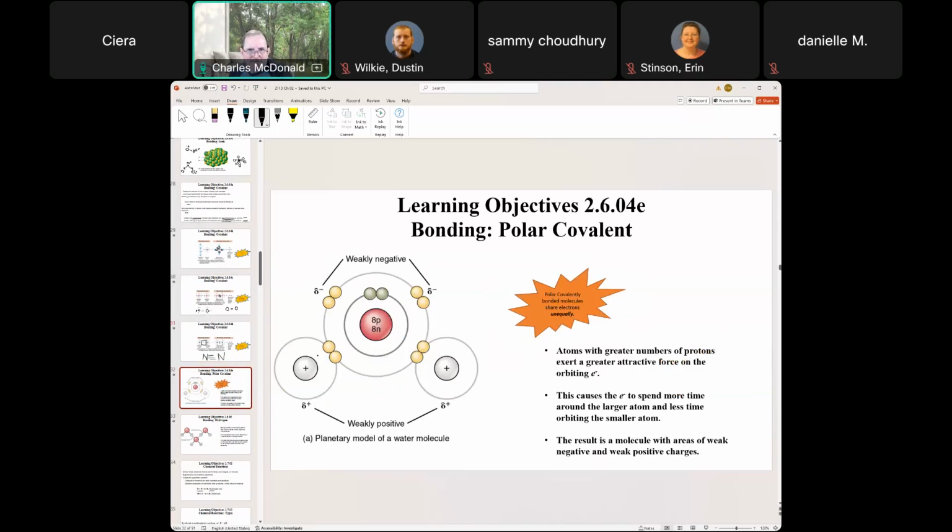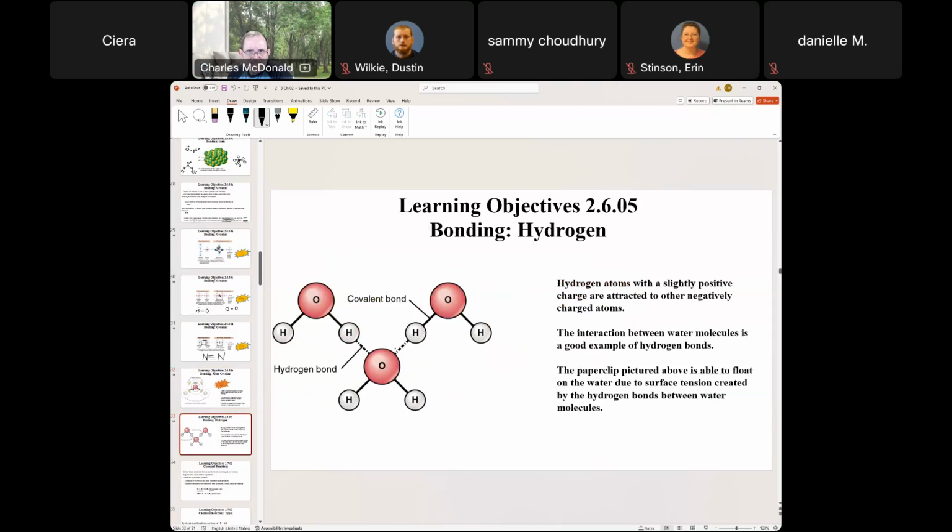And we've already talked about this, that the oxygen is going to pull a little bit more toward itself away from these. Now, this is why, and I know everybody's seen it, you can fill water just a little bit over the rim of a glass. And you've seen those water striders, those little bugs that walk on the water.